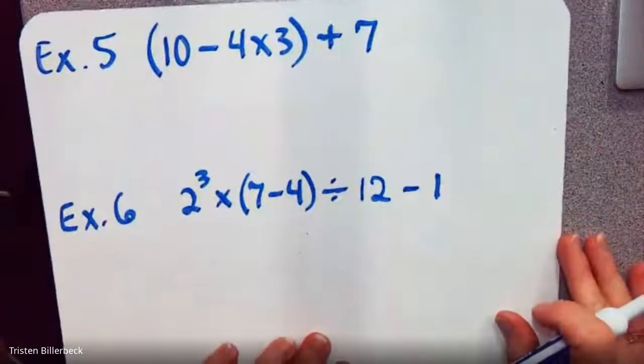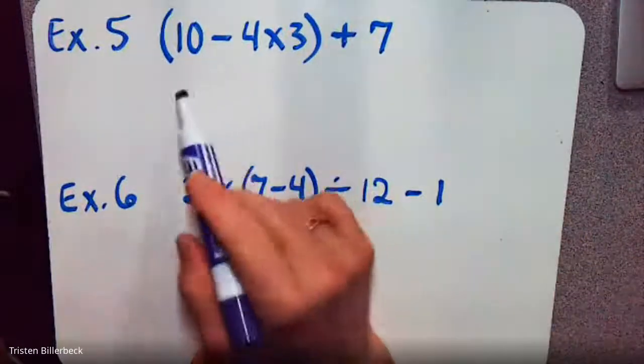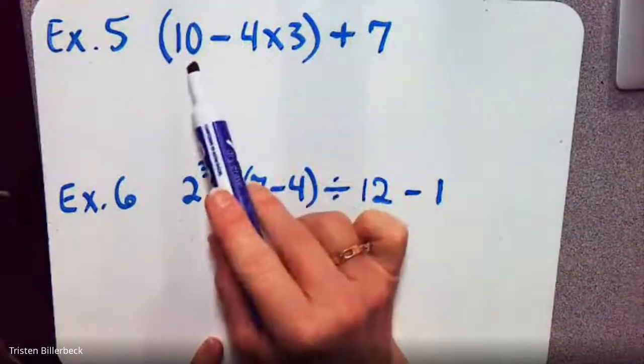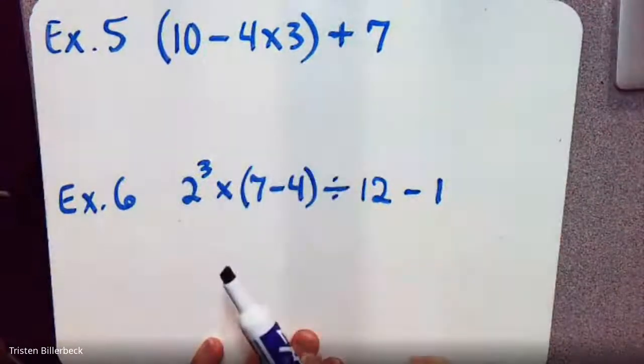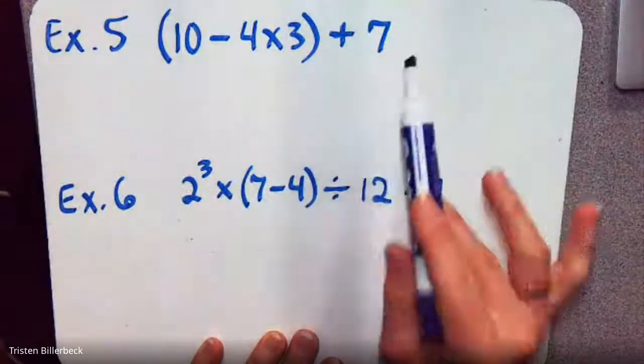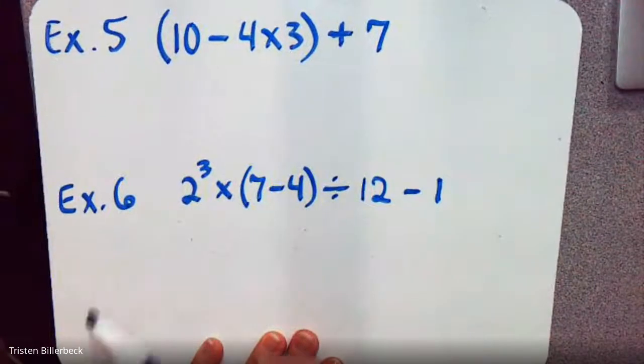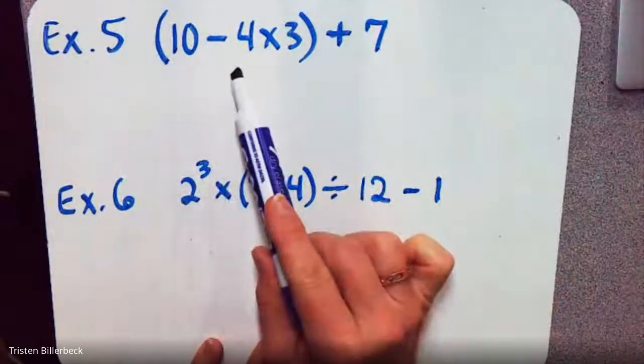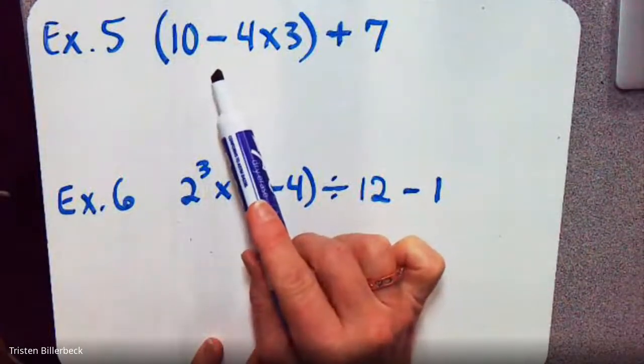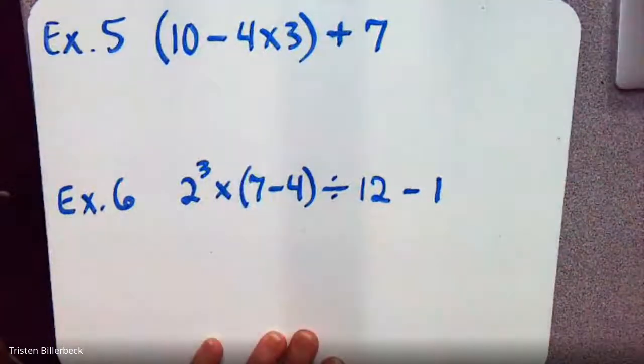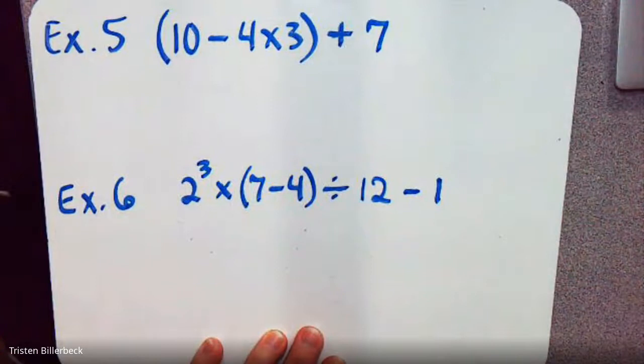All right, so I have a lot in parentheses, so I have to do this, but I have 10 minus 4 times 3 in parentheses plus 7. Well, I don't do 10 minus 4 first, okay? Subtraction is way down the list in order of operations. It's one of the last things you do, addition and subtraction, the last few things you do.